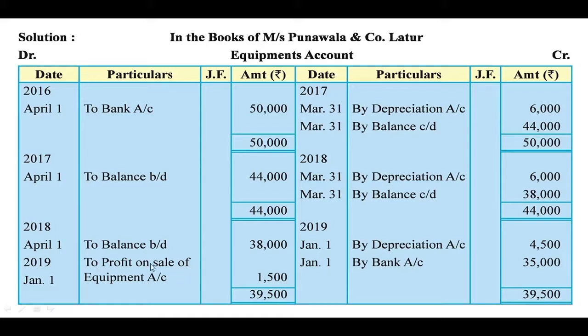The journal entry is bank account debit 35,000 to profit on sale of equipment account 1,500 to equipment account, because equipment goes out of the business 33,500. So here profit on sale of equipment 1,500 is recorded here. The total is 39,500. So in this manner we have to prepare the equipment account.